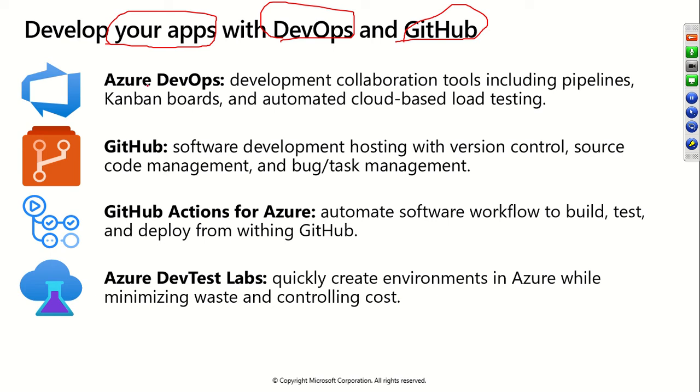With Azure DevOps, developers can collaborate in the sense that they can work on the same project together with other developers in their company or with developers in a partner company. When they work together, they can create all their assets together in a pipeline. They can do project management, managing their development like a project using a Kanban board.